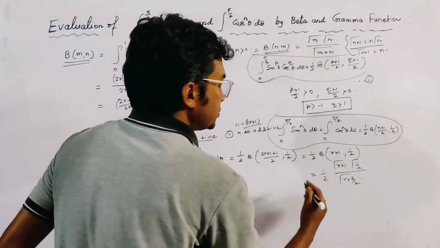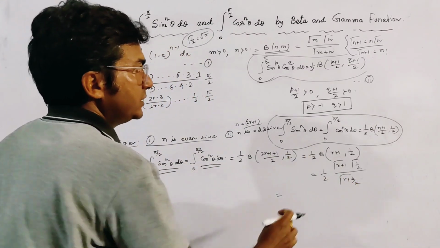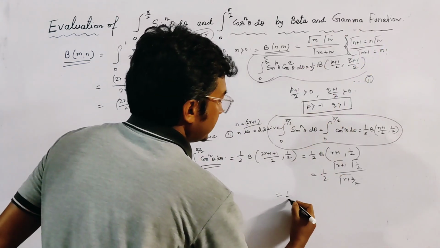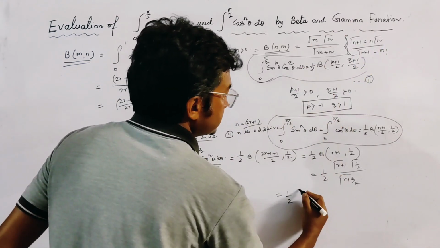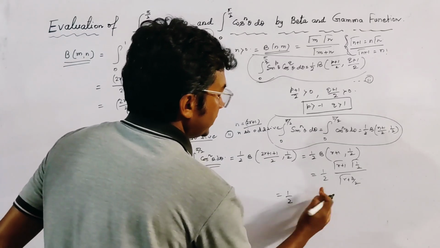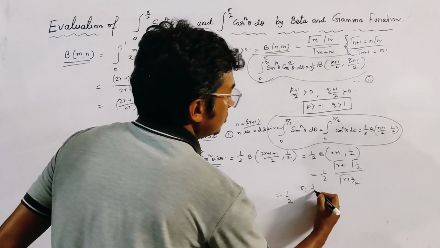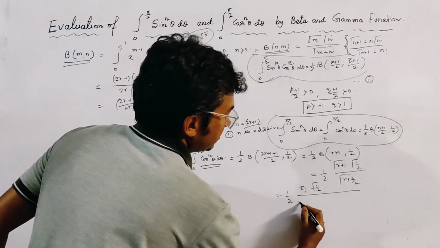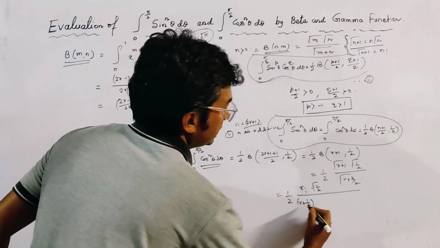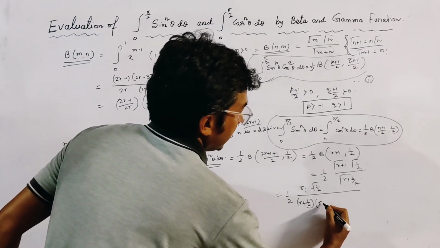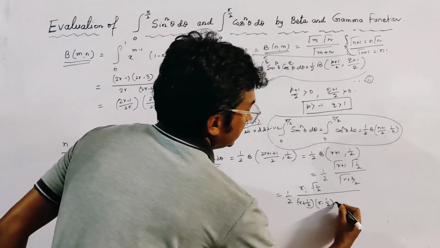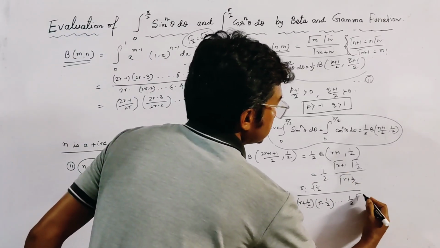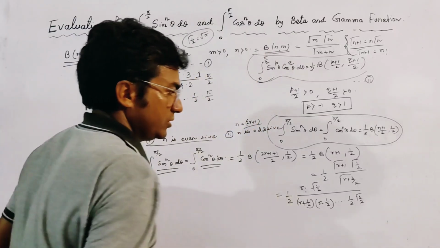And we expand the gamma function by using these two properties and get the result as half into r factorial, this is r factorial into gamma half, and the lower term is, the first term is r plus half, the second term is r minus half, and similarly we get the last term is half gamma half.